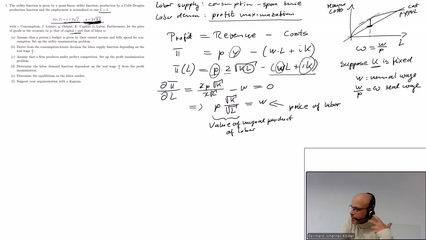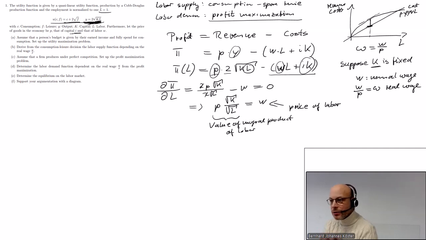So what economic reason is behind this equation? Well, the left-hand side is the additional revenue you obtain from your last worker. If you hire another person, then you are increasing your output.